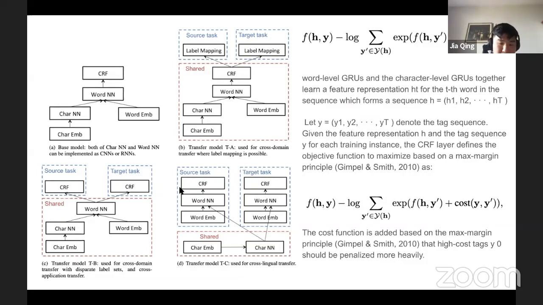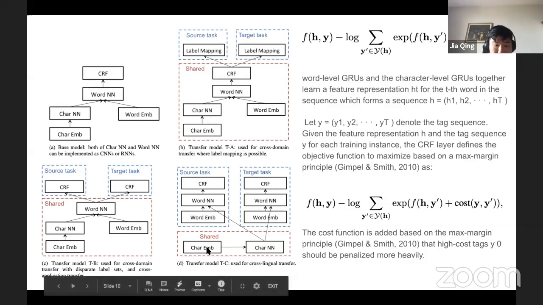And then the last scenario is transfer model TC, and this can be used in, for example, cross-lingual transfer. If you think about Spanish and English words, for the same word, sometimes both Spanish and English have the same characters. But maybe at the word level, there are some slight differences.